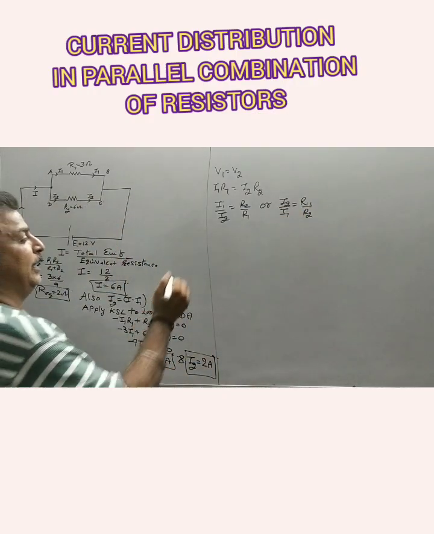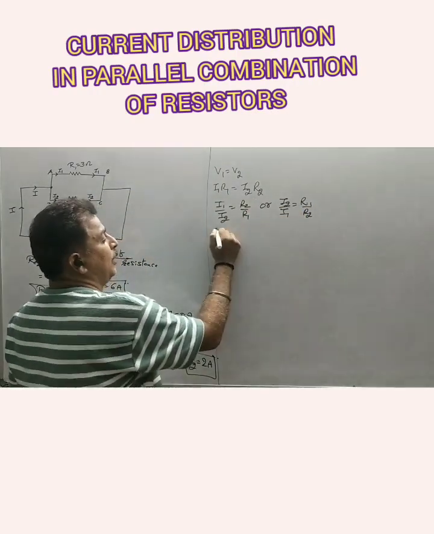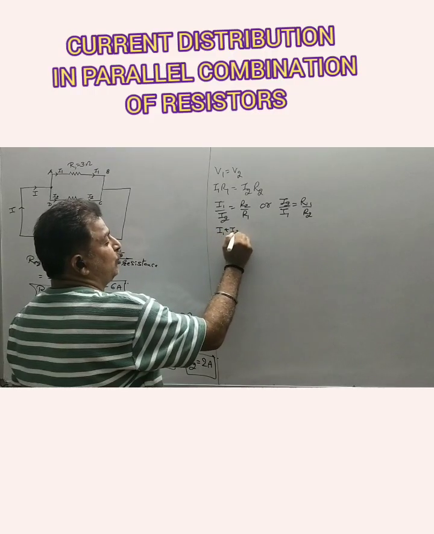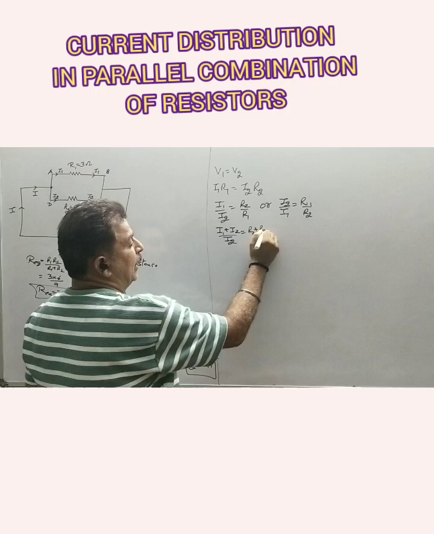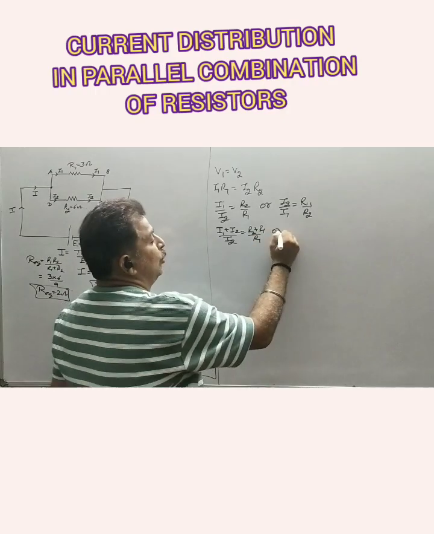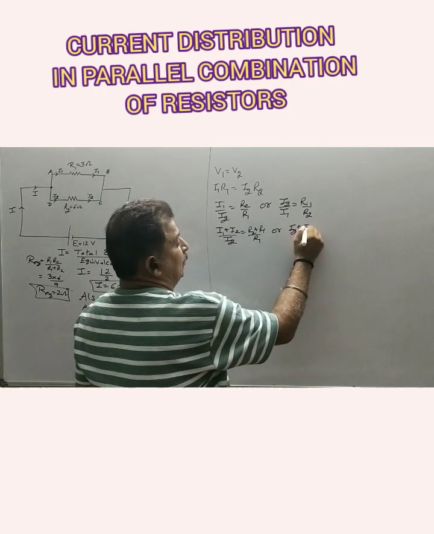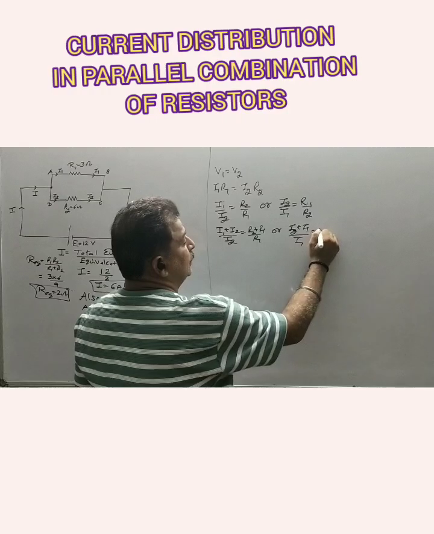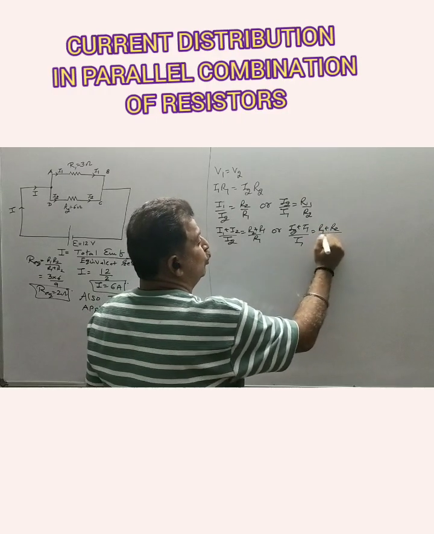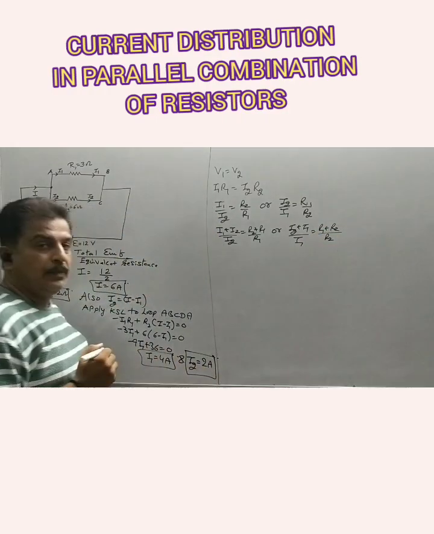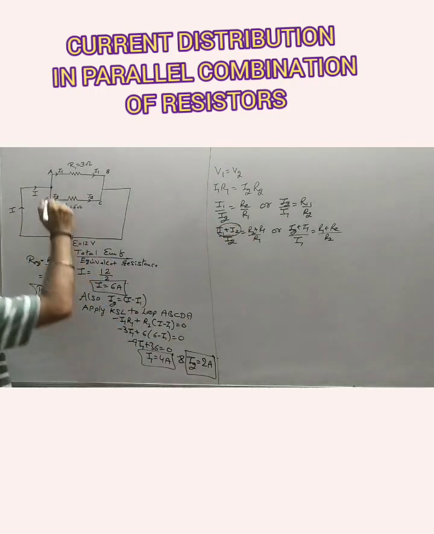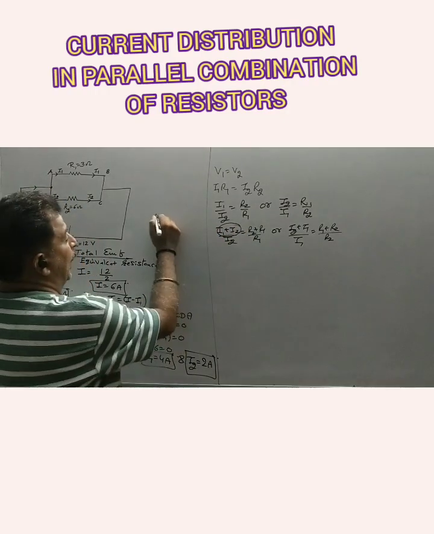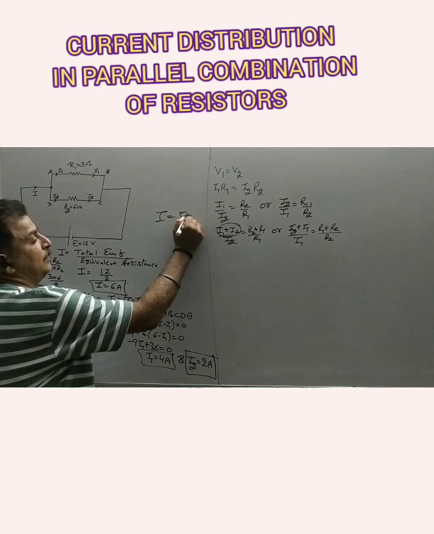Now here if we apply componendo in the numerator, I1 plus I2 divided by I2 is equal to R2 plus R1 upon R1. Or I2 plus I1 upon I1 is equal to R1 plus R2 upon R2. Now this I1 plus I2 is the total current. I is equal to I1 plus I2.